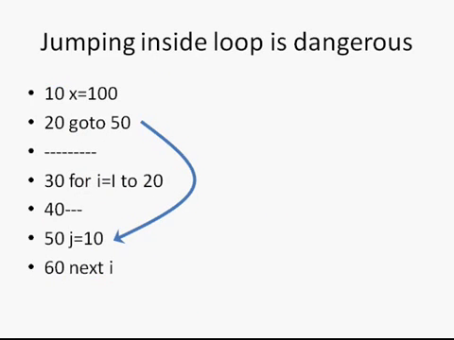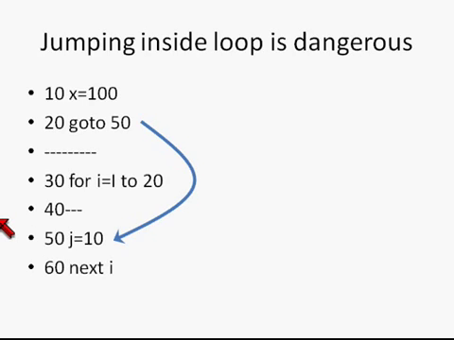So one thing happened about the jumping is, supposing in a program by mistake or through error you jump inside the loop, like here from 20 it just jumps to go to 50, which is inside this for loop. For loop starts from 30, for I going from 1 to 20 like that, so it ignores this line and jumps to line 40.